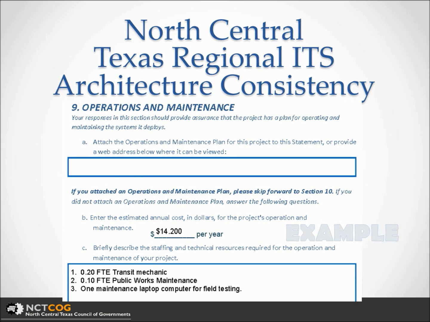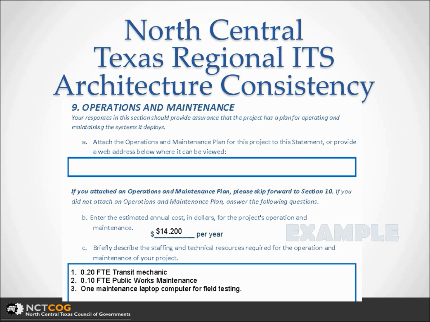It asks to enter the estimated annual cost in dollars for this project's operation and maintenance, in this case $14,200 per year, and briefly describe the staffing and technical resources required for the operation and maintenance of your project. In this case, 1/5 of an FTE transit mechanic for maintaining the equipment on vehicles, 1/10 of 1 FTE of public works maintenance to maintain equipment at signals, and 1 maintenance laptop computer for field testing.